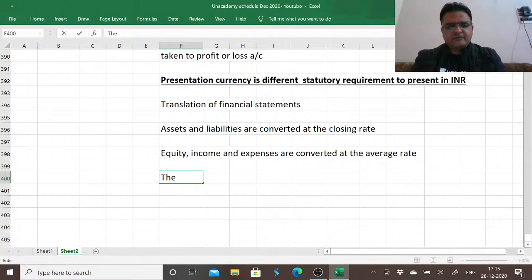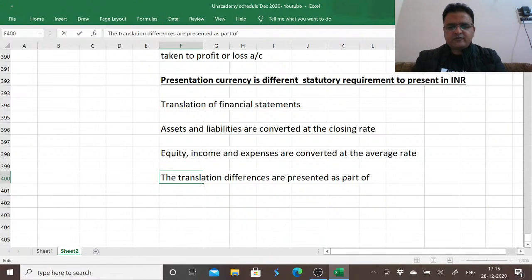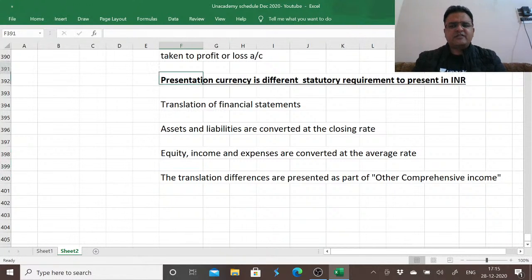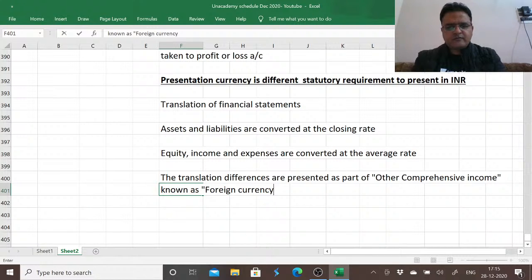So the translation differences are presented as part of other comprehensive income, known as foreign currency translation reserve, that is FCTR.